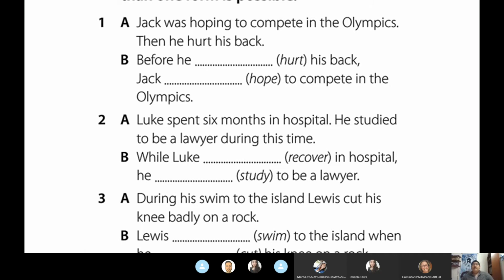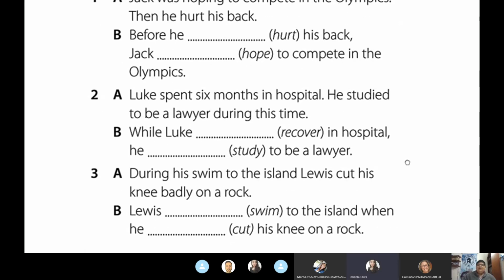Or you can say Jack had been hoping to compete in the Olympics. But your mistake, Daniela, was the first verb, hurt. Hurt needs to be in past simple because this is the point in the past. Before that action, the other one took place.